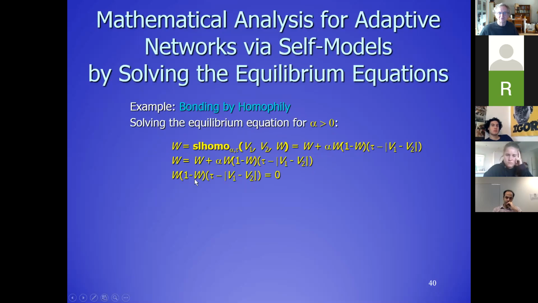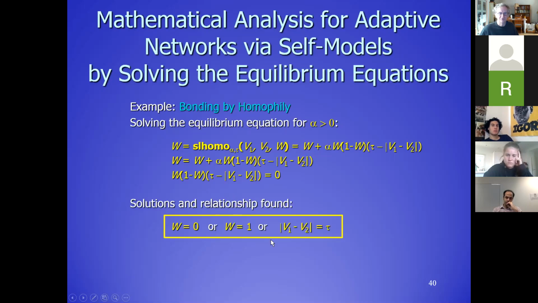And this is a product of three things. And if this should be 0, then that can only happen when one of them is 0. So therefore, you have the following solutions. W is 0, W is 1, or the difference is exactly the tipping point. This is very exceptional, but it can occur. So be aware that you also should consider this as an option.